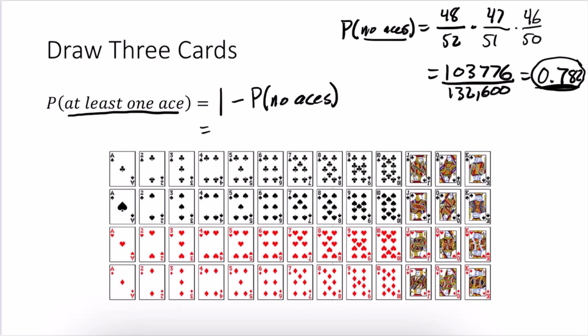So I'm going to take 100% of my probability and subtract the probability that I get no aces, which is about 78%. And when I subtract that, the probability that I end up with is about 22%. So the probability of getting at least one ace would be 21 or 22%.